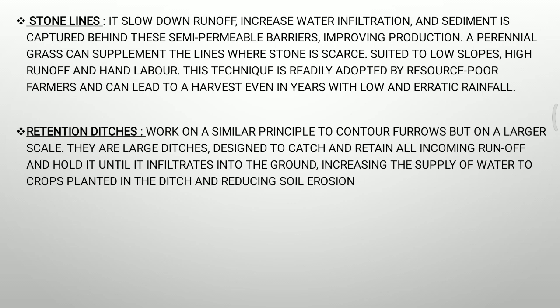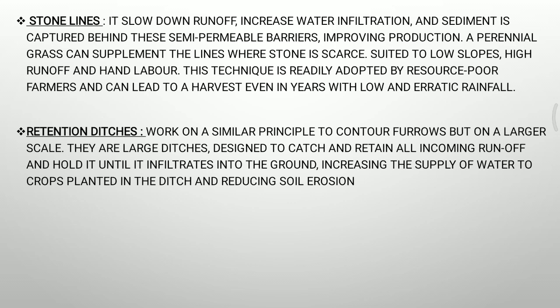A perennial grass can supplement the lines where stone is scarce. In stone lines we are mainly making sure that the water is not escaping from the farmer's land. Okay, we are making a barrier, that's all.